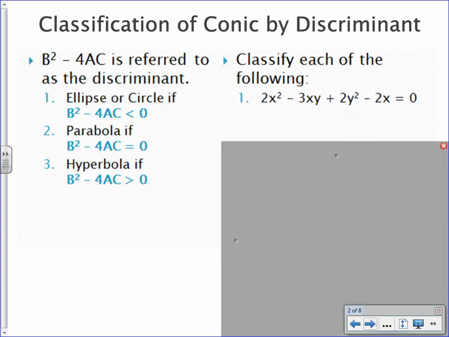My first example, 2x squared minus 3xy plus 2y squared minus 2x equals 0. So our discriminant, b squared minus 4ac, what is b? Negative 3, so b squared minus 4 times what's a? 2. And what's c? 2.